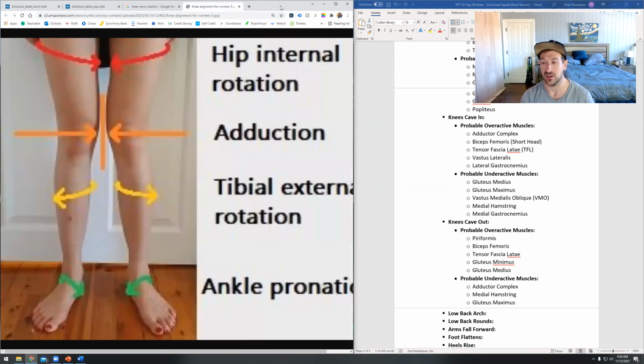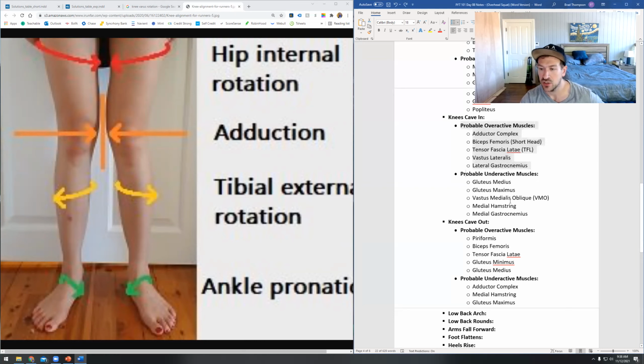That's why the vastus lateralis is on this list. Every now and then we'll see that tight lateral quad muscle contributing to internal hip rotation and external tibial rotation. And then there's that lateral gastrocnemius again, that tight calf muscle in the back, externally rotating the tibia. So all that's contributing to the knees caving in.